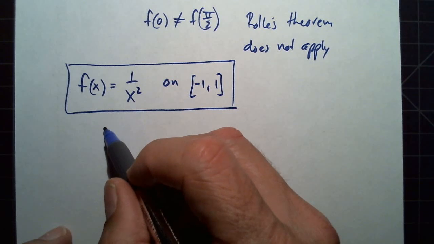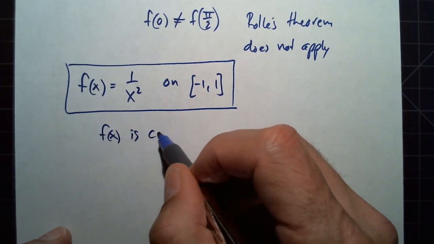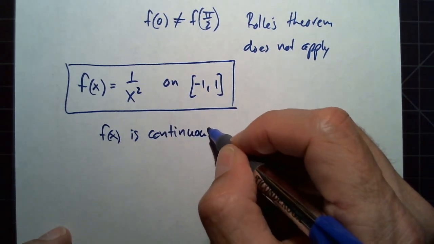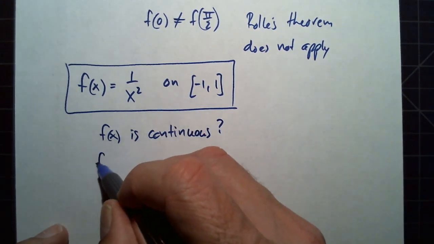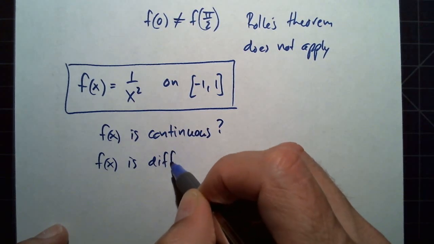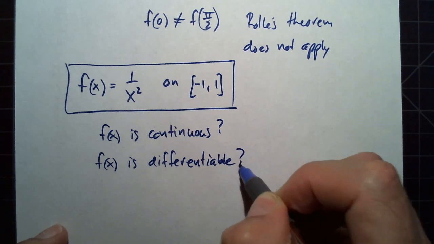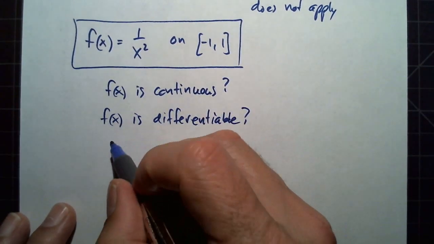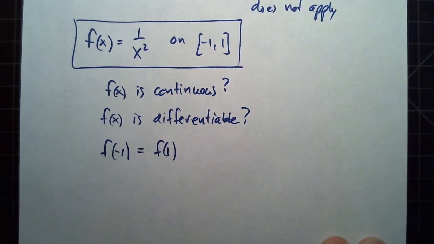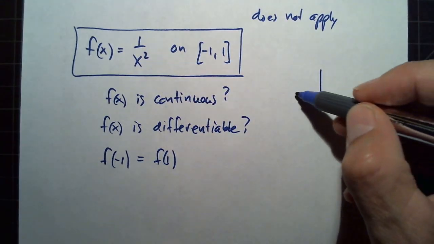So let's look at the conditions. F of x is continuous. F of x is differentiable. F of -1 is equal to f of 1. All right, so let's think about the graph.